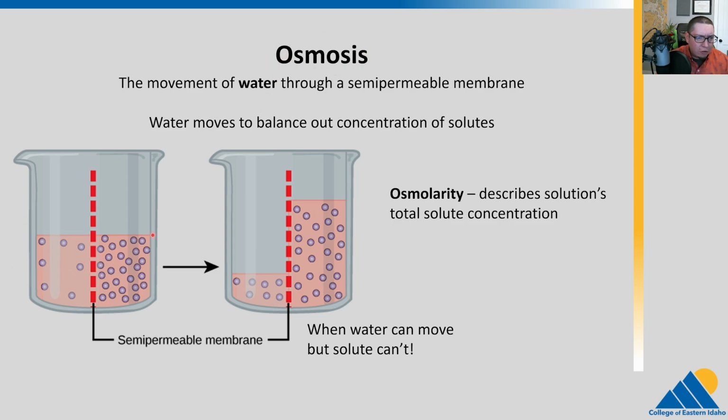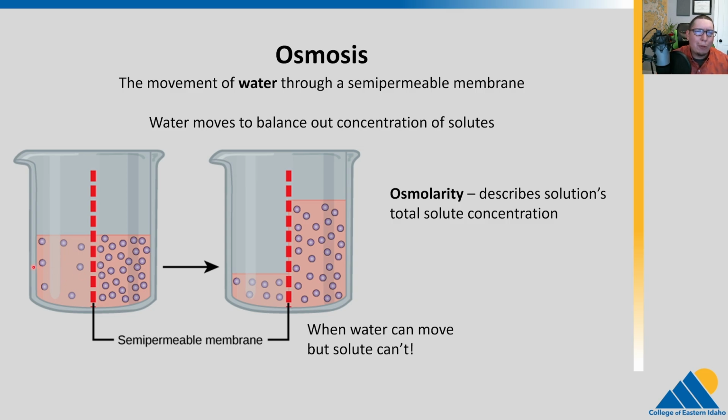So let's look at this. We have a high concentration here of purple spheres and a low concentration here. In chemistry, we would love for these concentrations to be equal. We could achieve that in two ways. We could add water to this side to make this less concentrated, or we could subtract water from this side to make it more concentrated until they're equal.